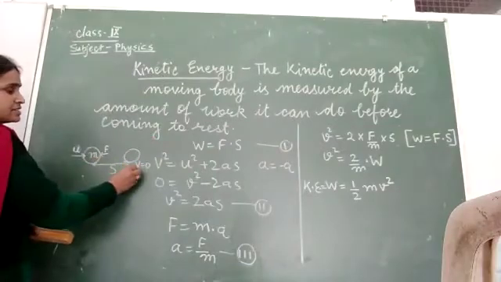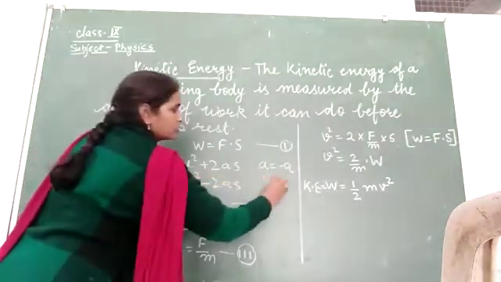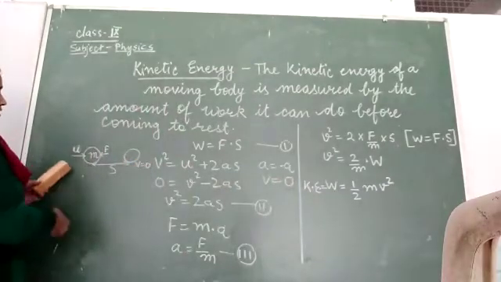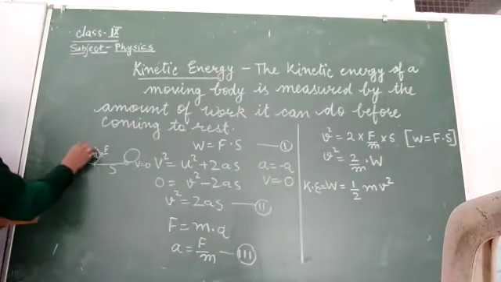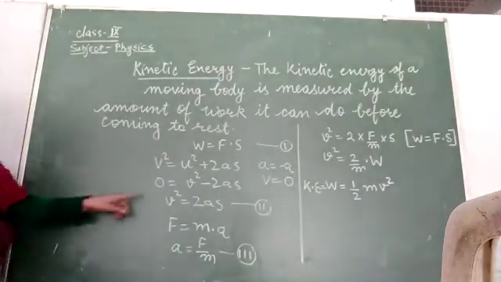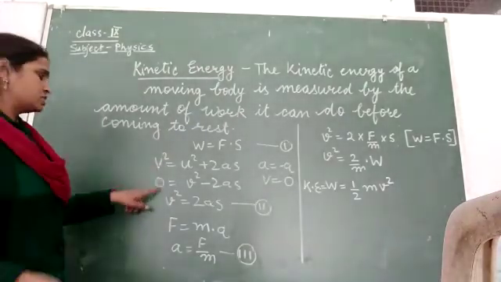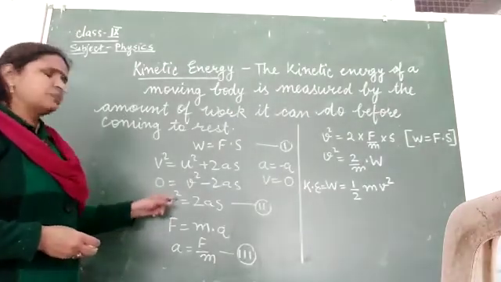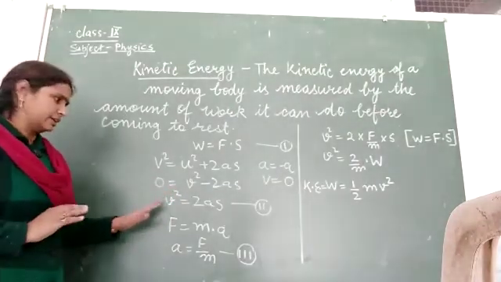The body came to rest, indicating the final velocity of the body will be 0. Another thing, we considered the initial velocity u here, and now the final velocity became 0. For the final velocity we considered the term v; it can be capital V or whatever we like.